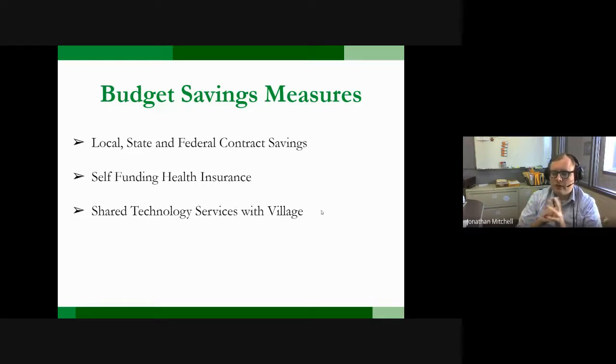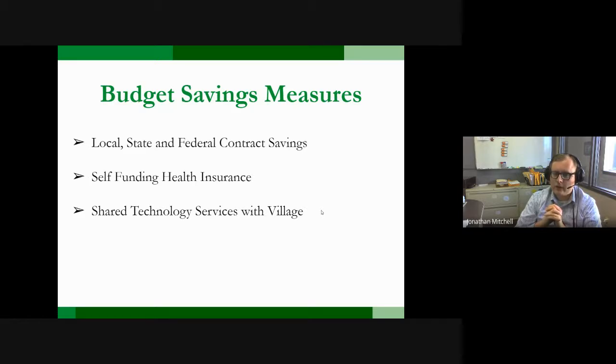Budget savings measures, the district is always looking for opportunities and creative problem solving for our budgetary challenges. That's a part of our budgetary principles. So we look at local, state, and federal contract savings. The district has switched to a self funded health insurance plan with the goal of saving 8 to 10% of our planned expenditures on a fully funded plan in our first year.